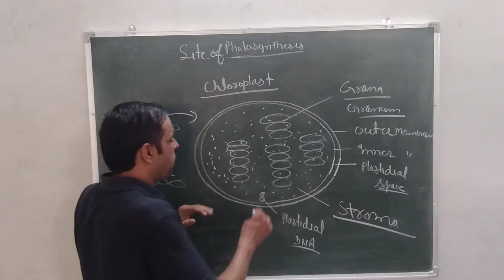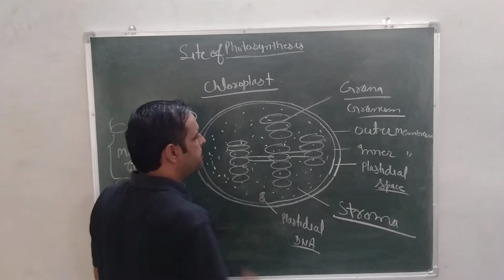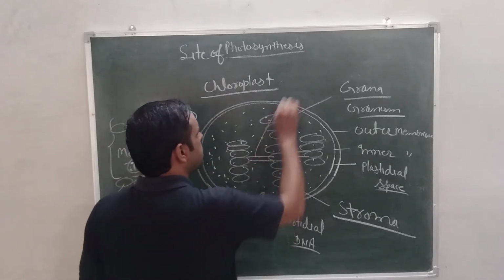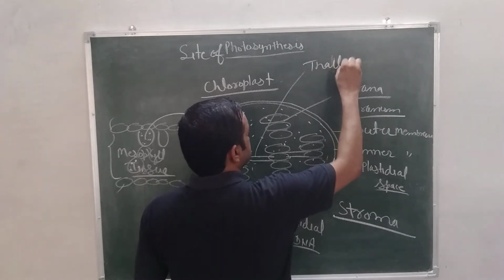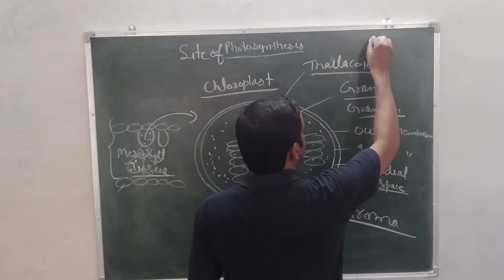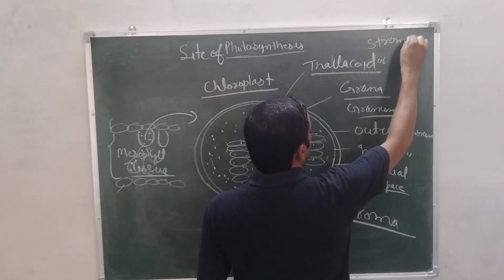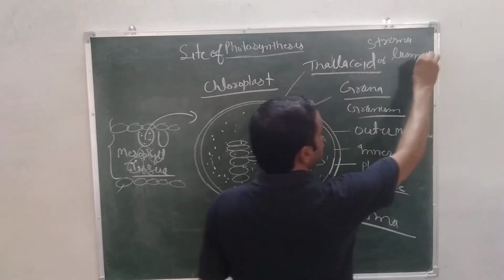Sometimes two grana are combined with a membrane, that is called thylakoid membrane, or we can say stroma lamella.